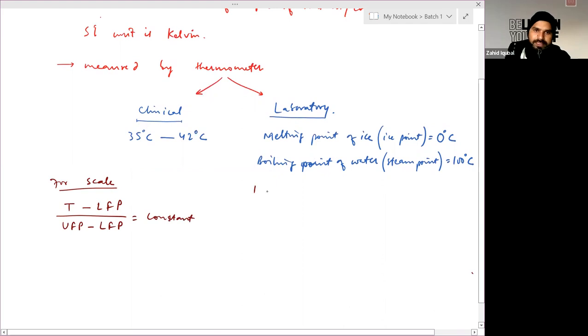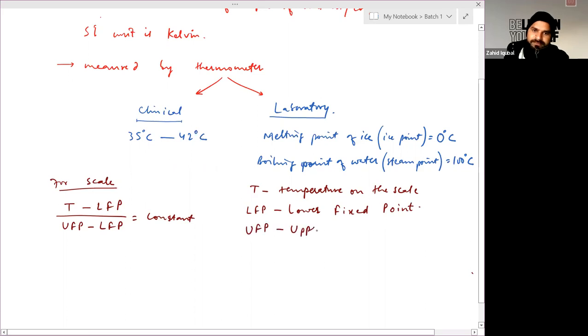In this, T is temperature on the scale which we are using. LFP is lower fixed point. UFP is upper fixed point. Any doubt related to this part?